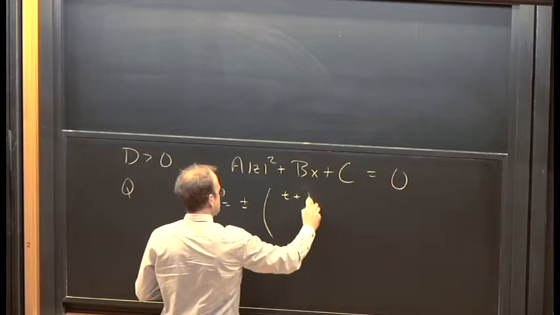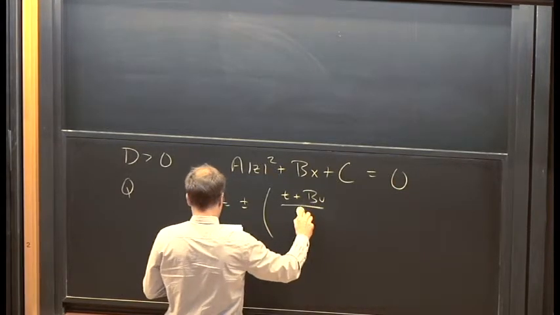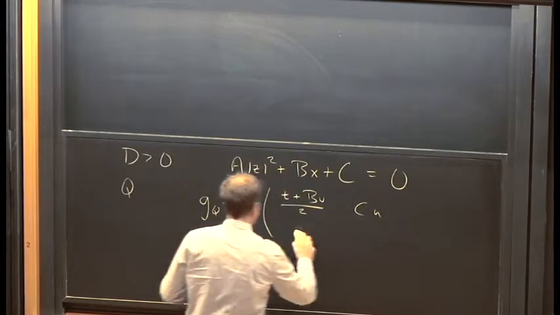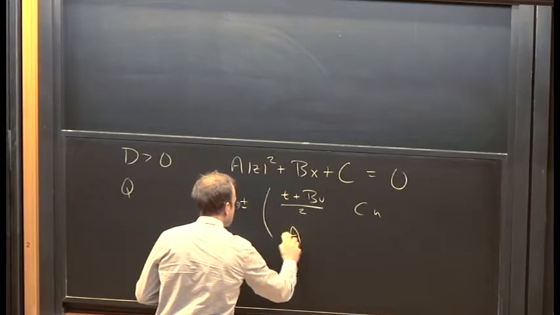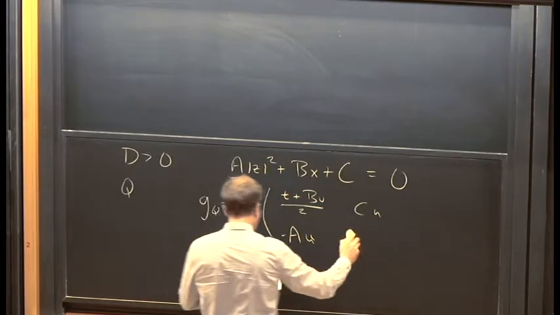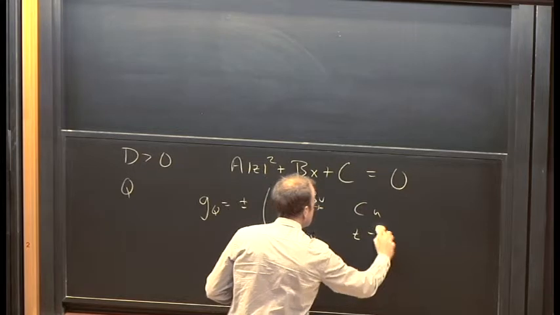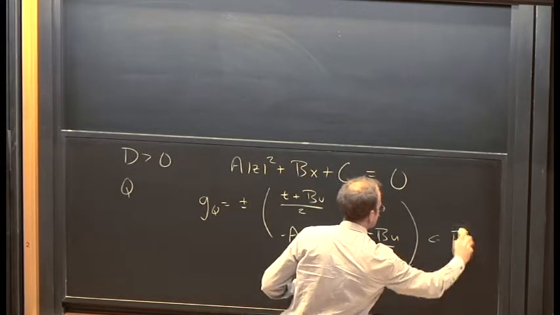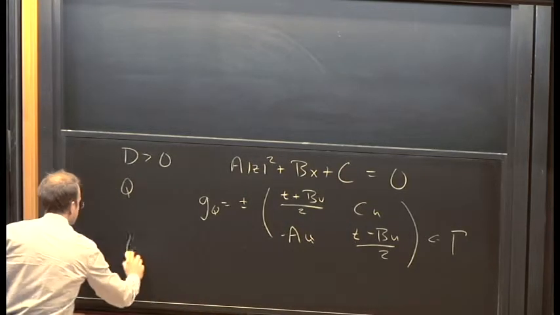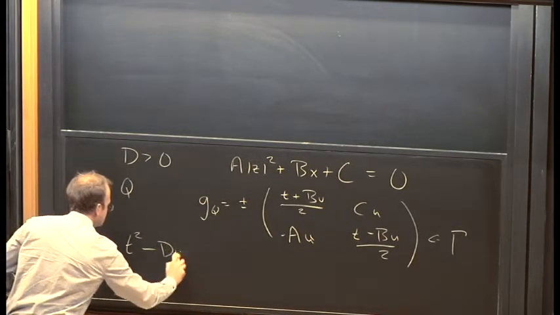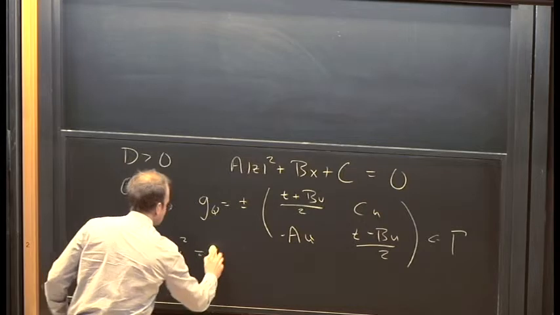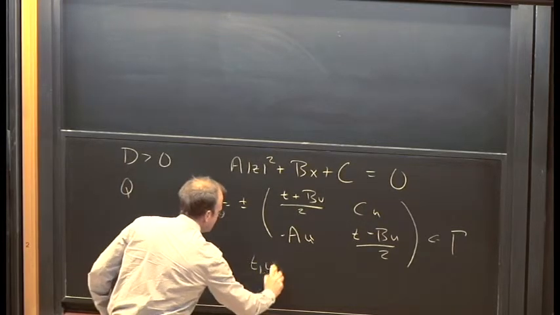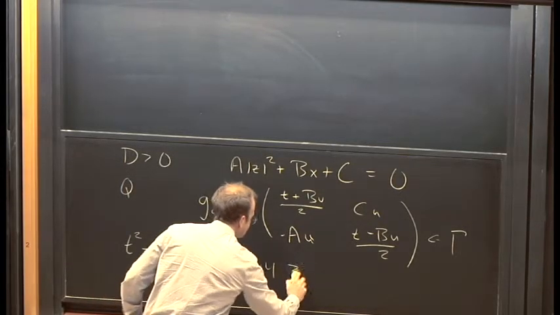And you can explicitly give it in terms of the coefficients of the quadratic form and a solution to the Pell equation. So this, t squared minus D u squared, is equal to 4, and t and u are minimal, positive.